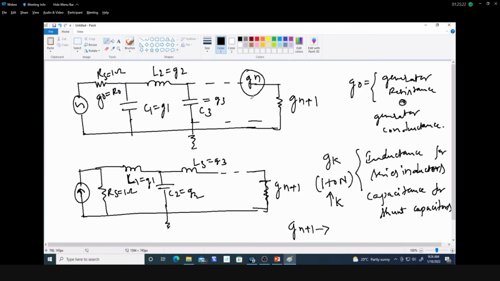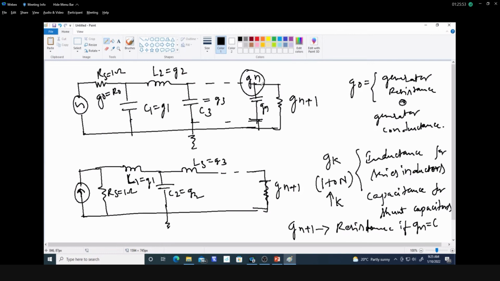If the Gn element is a shunt capacitor, let's assume it is a shunt capacitor, then the load becomes a resistance. So if my Gn is equal to capacitance, the load will be equal to resistance.